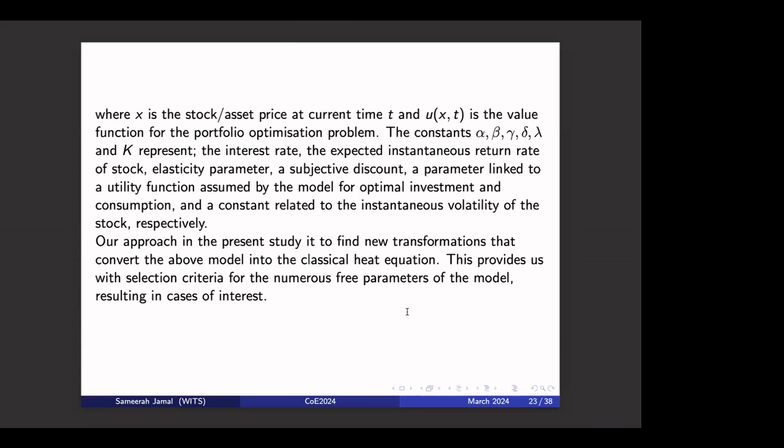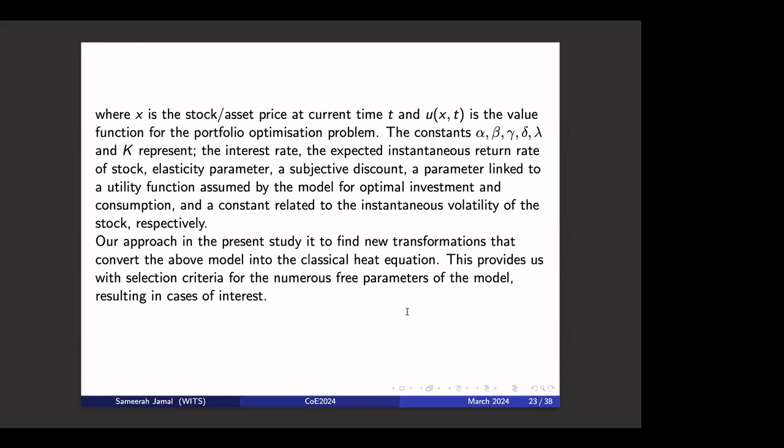So in here, you have that x is, for example, the stock or asset price at some current time t. Your u(x,t) is a value function for the portfolio optimization problem. This problem basically deals with the optimal wealth allocation between assets. Your constants, respectively, represent interest rates, expected instantaneous return rates of stock.